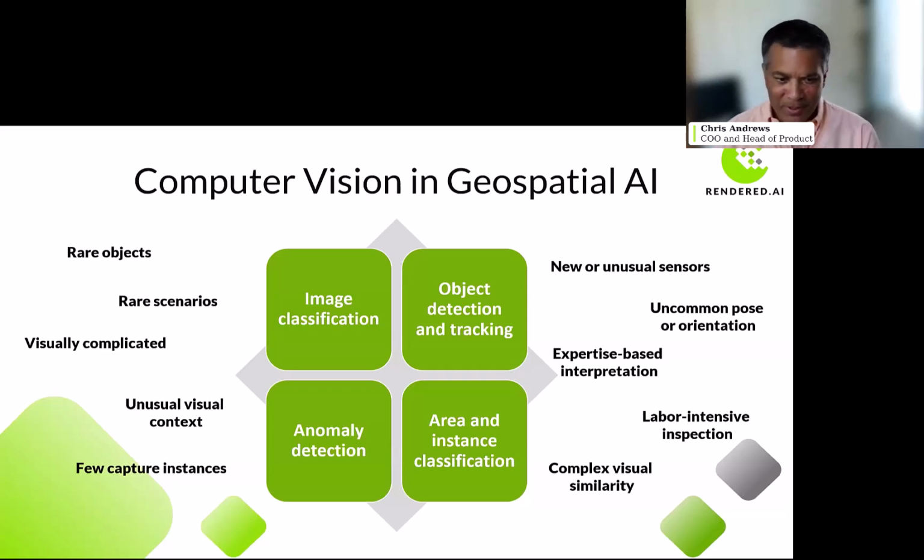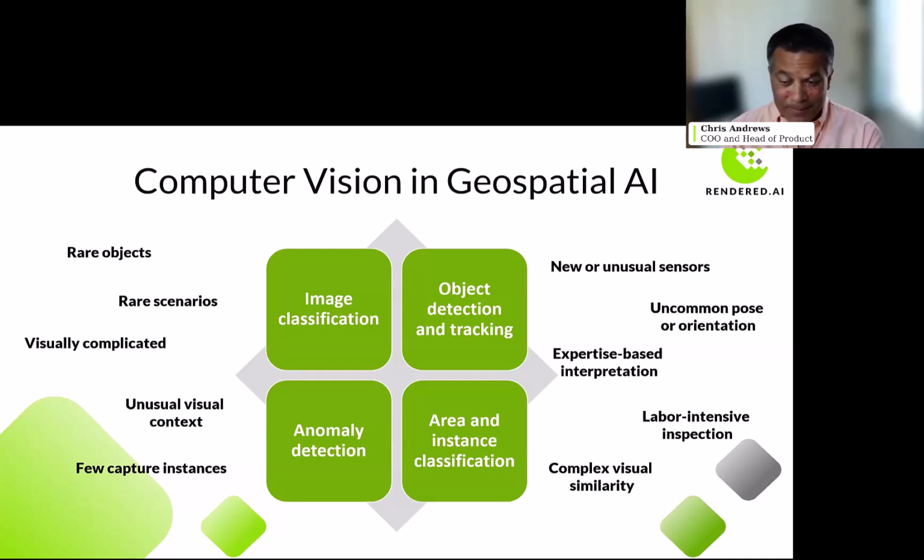These range everywhere from a customer looking for really rare objects or scenarios, where it's just really hard to get enough data to train algorithms. They may even be looking at a really common object that's not often captured from a particular pose or orientation.